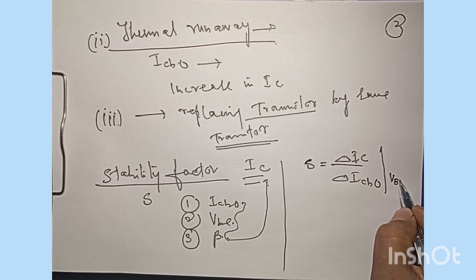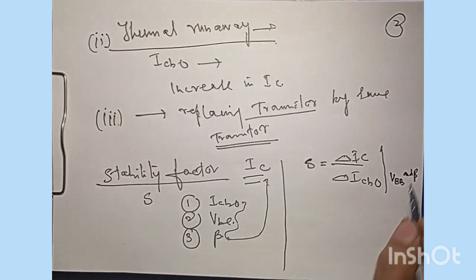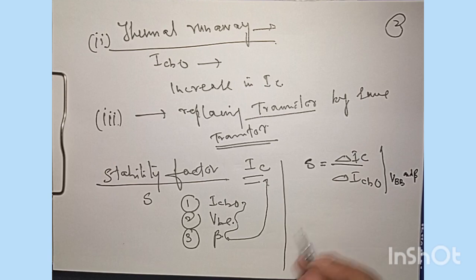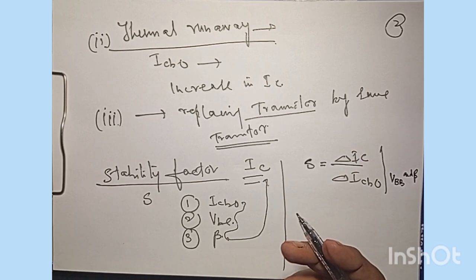In our case it was VB or VBB, and beta. So this can be one way of defining this stability factor.